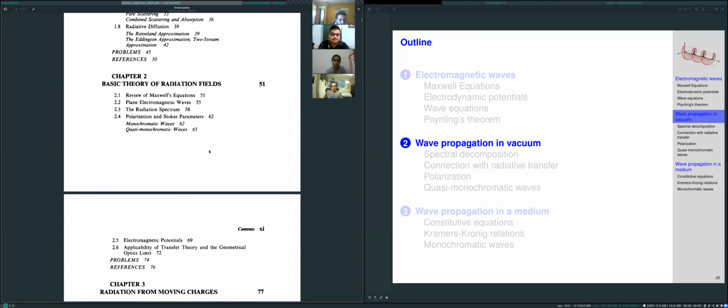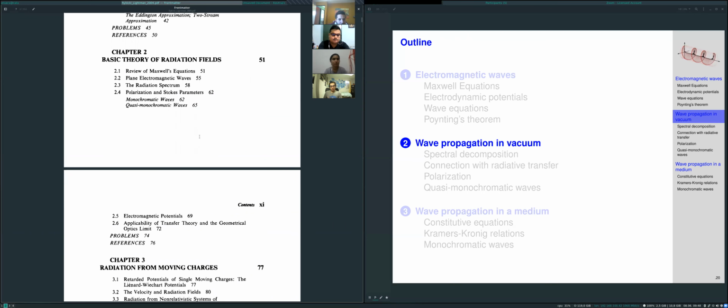Okay, so this is chapter 2. My summary might be different from what's in Rybicki and Lightman because I used Jackson's Electrodynamics, but it's the same. I'm not inventing anything here. It's standard stuff.